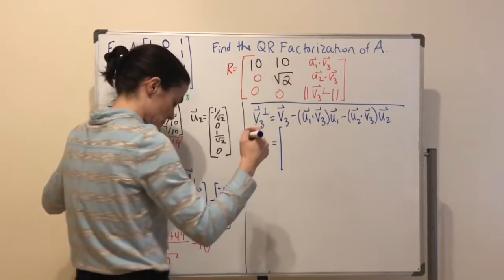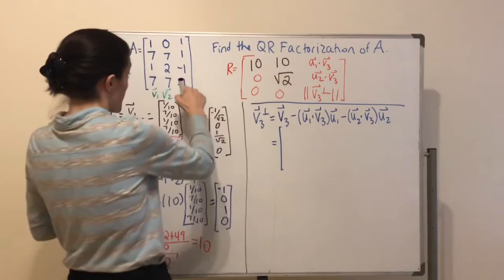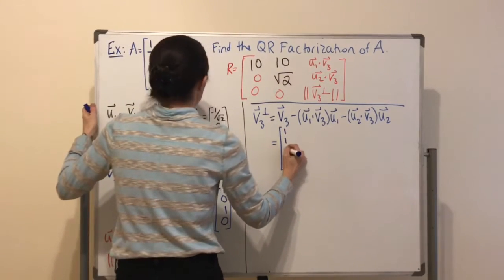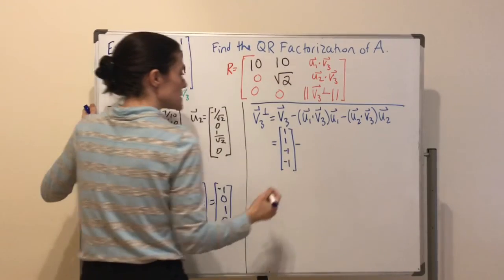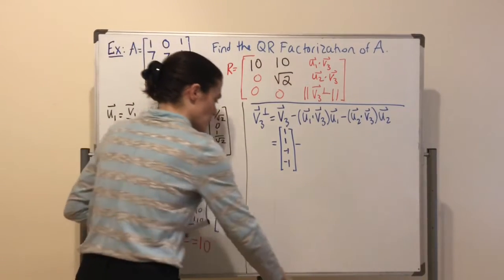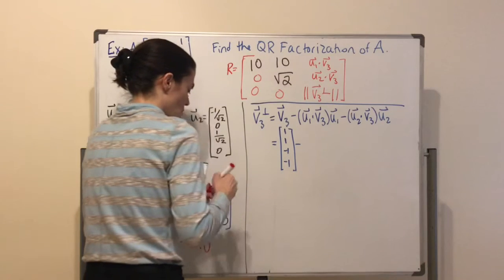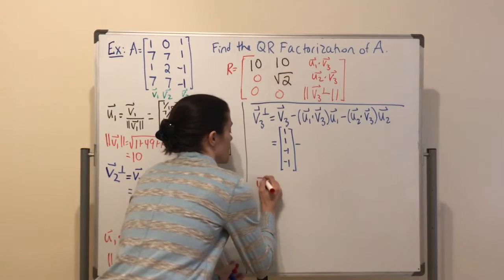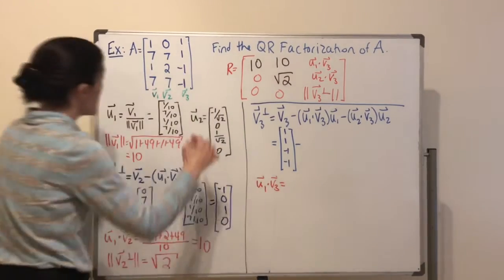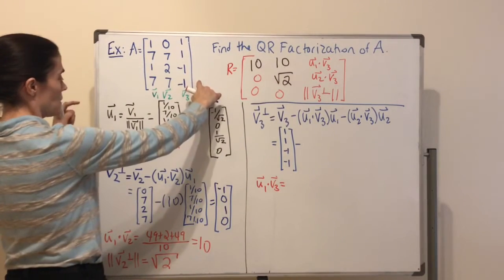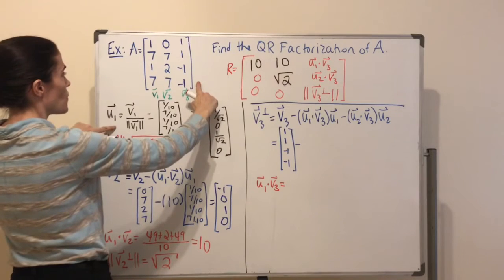Okay, now let's write what all these vectors are, and we will have this computed. V3 is, here it is, 1, 1, minus 1, minus 1. And then what's this dot product? Maybe I should do it below in red. Oh, yeah, okay, I'll go ahead and do this and then fill it out. U1 dot V3 is, here's V3. Here's U1.